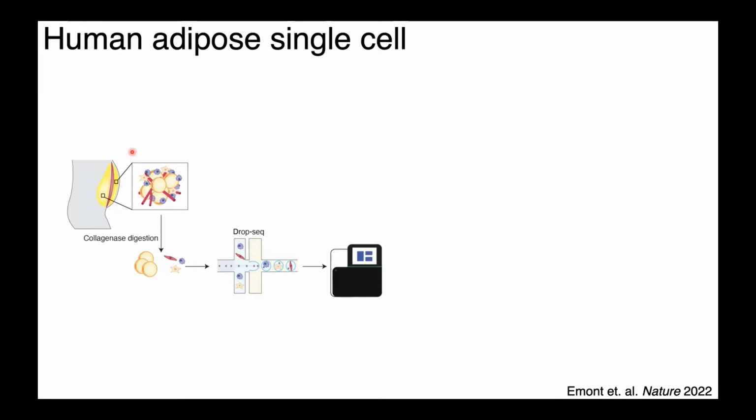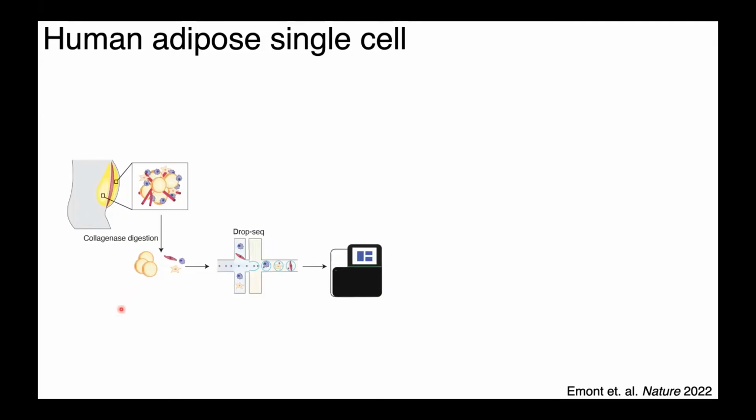For example, are the gene expression changes due to the change of a gene within adipocytes themselves? Or are they due to the fact that there are now double the amount of macrophages that there were before? These aren't questions that can be answered with bulk RNA sequencing, but that can be answered with single cell RNA sequencing.